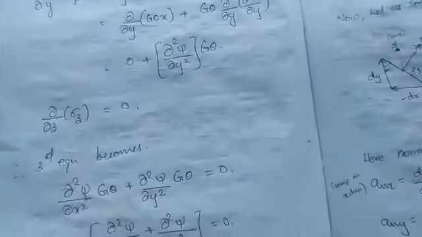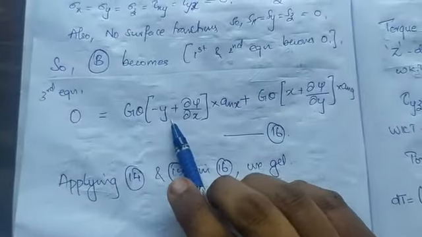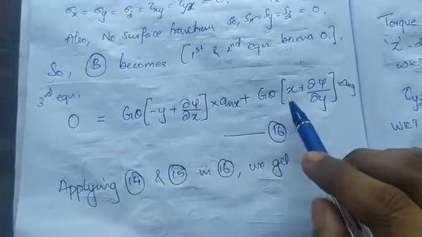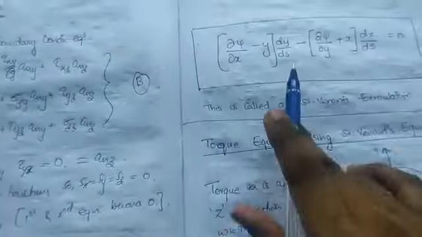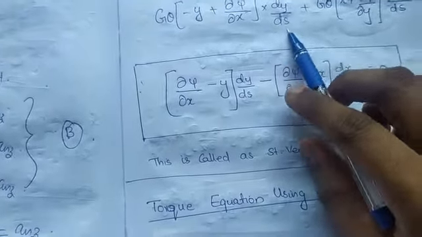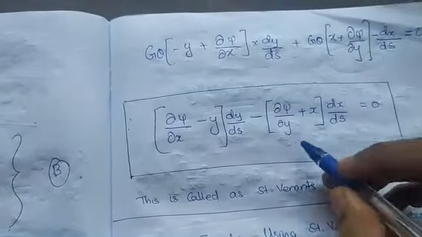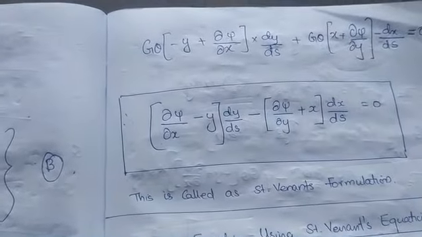Substitute the values of nx and ny here, then you will get G theta into minus y plus d psi by dx into nx, plus G theta into x plus d psi by dy into ny. Substituting these values, you get dy by ds here and minus dx by ds. So this is the final equation for Saint-Venant's formulation.